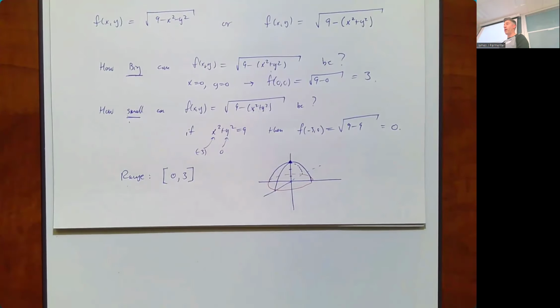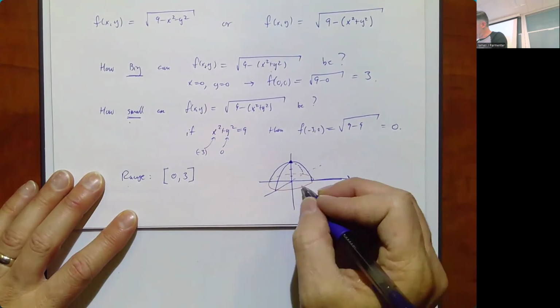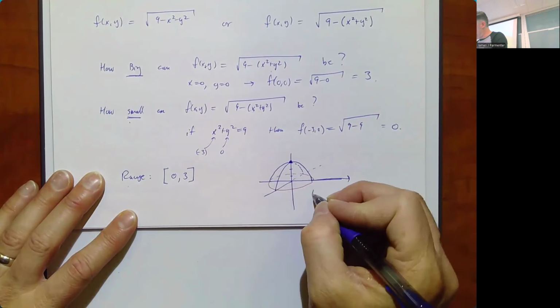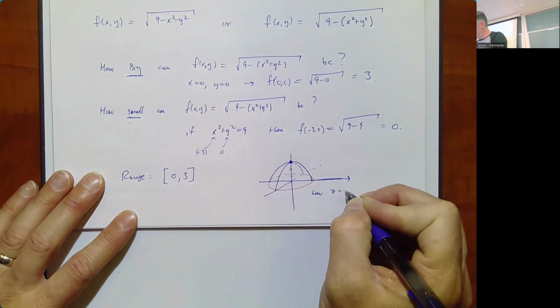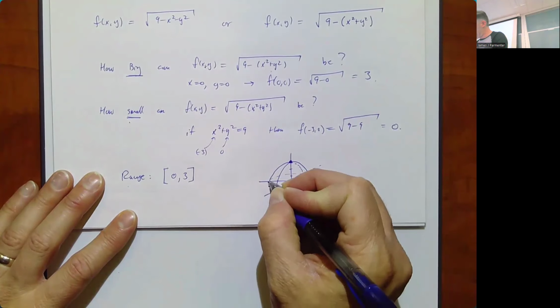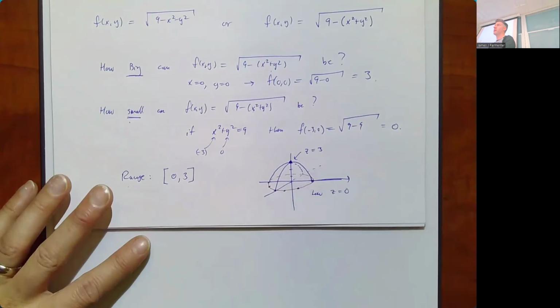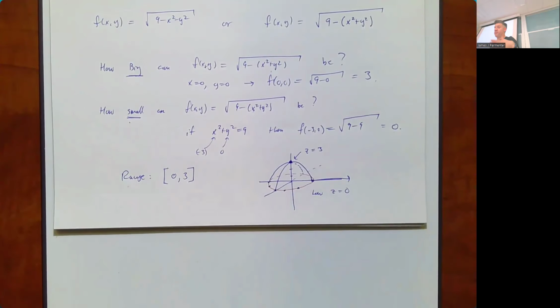So the range of this function certainly has a low value, in this plane down here, of z equal to 0. Here, here. There's lots of places where z equals 0. And up at the top, we're getting a high value of z equal to 3. And we're getting every value in between.